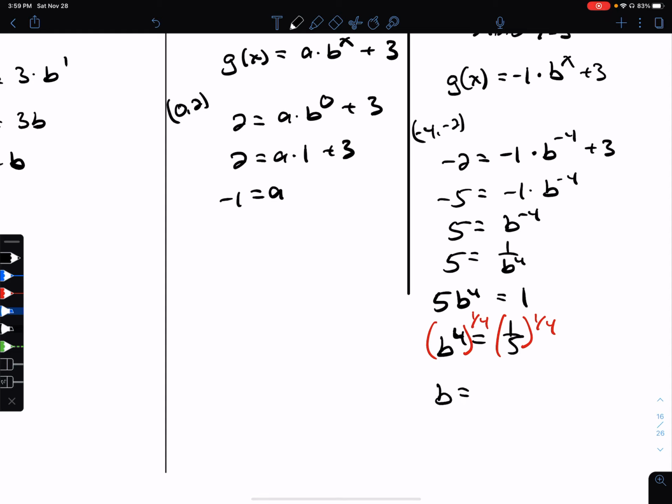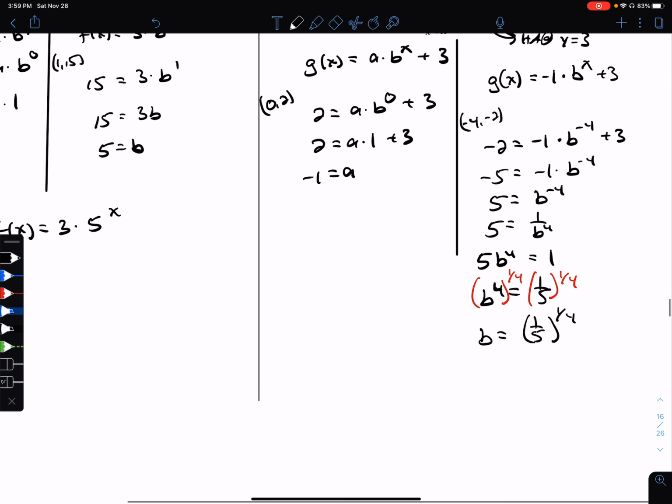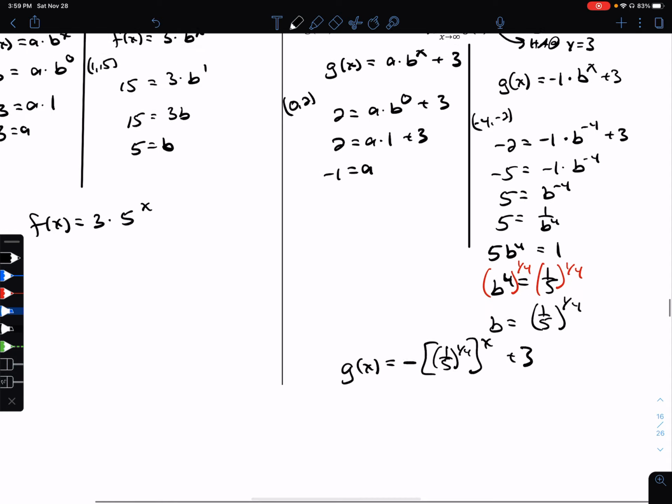So b is going to be 1/5 to the 1/4, which is horrifying. So g of x is going to be negative 1/5 to the 1/4, which is raised to the x plus 3.